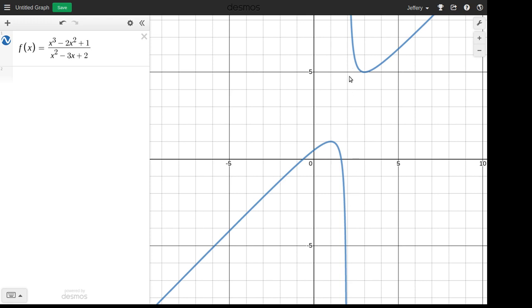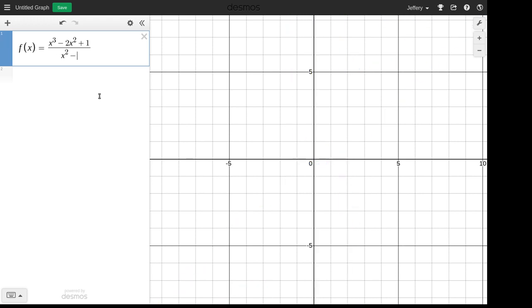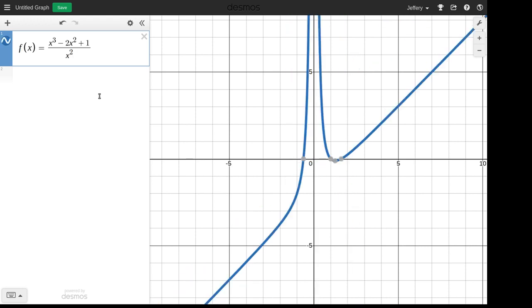And that's going to be called a vertical asymptote. And so what we're going to start defining is these things called asymptotic behavior. I'll actually show you a more clear-cut asymptote here. I'm just going to change this function over a little bit. I have x cubed minus 2x squared plus 1 divided by x squared.